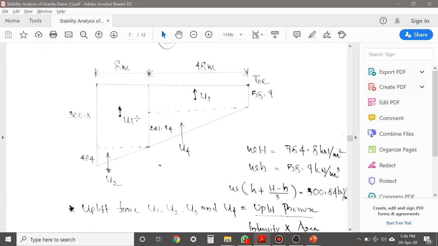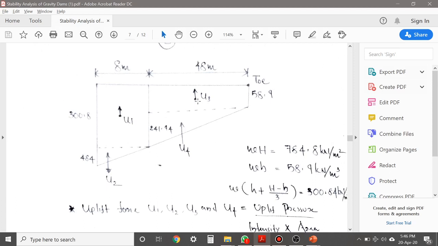In order to calculate U1, see, you have to take the area of this rectangle. This coordinate is 300.8, and you know that this distance is 8 meter, that is up to where we have the drainage gallery. Similarly, for U2, you have to take the area of this triangle.